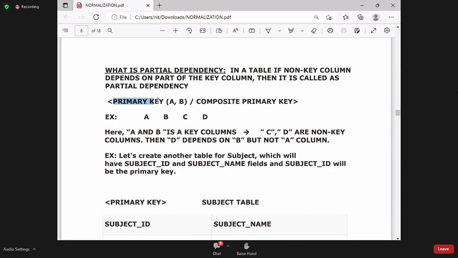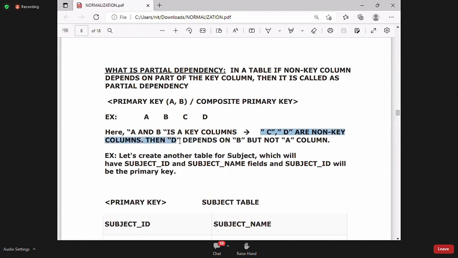Now observe. The programmer applied the primary key on columns A and B. Whenever you apply a primary key on a combination of multiple columns, that type of primary key is called a composite primary key. So finally A and B are called the key columns, and C and D are non-key columns.